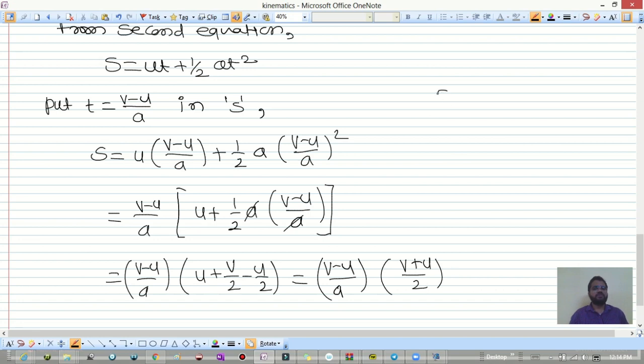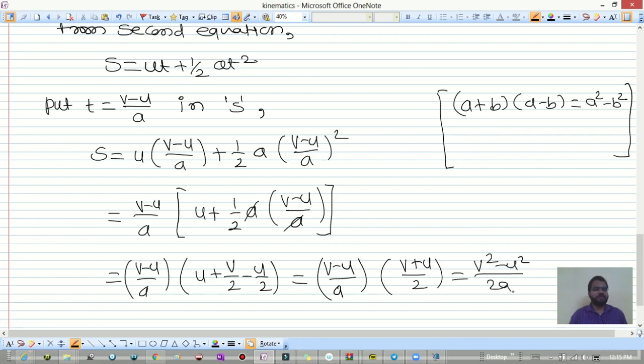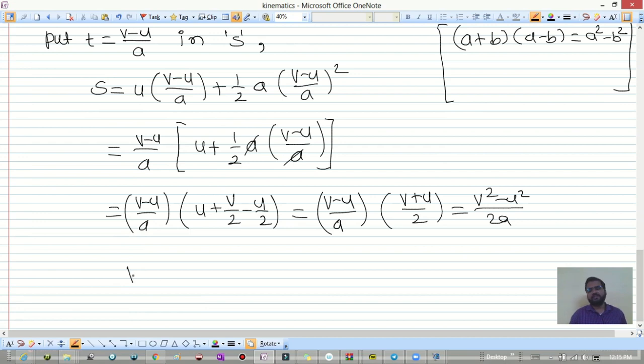And we can use here one formula, a plus b into a minus b will give a squared minus b squared. So put this over here, you will get v squared minus u squared divided by 2a, so we'll get v squared is equal to u squared plus 2as.